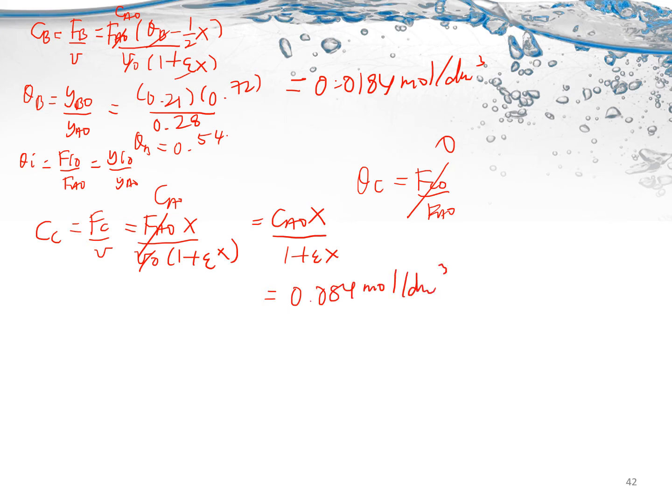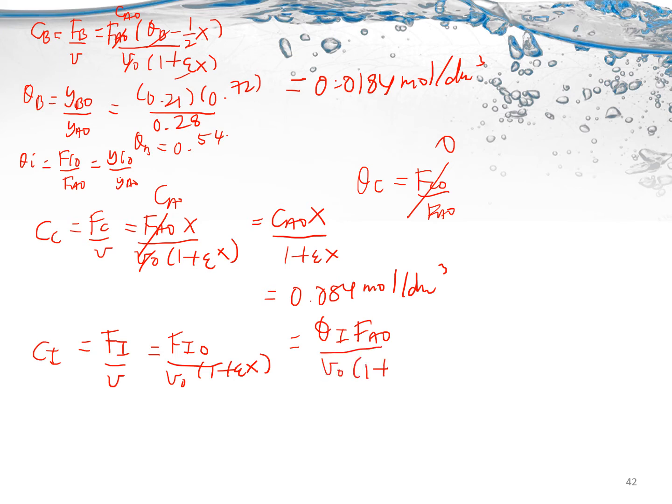So for the inert gas, we have C_I equal to F_I over the volumetric flow rate, which is equal to F_I0 over V_0 times 1 plus epsilon x. So this one is equal to theta_I F_A0 over V_0 times 1 plus epsilon x.